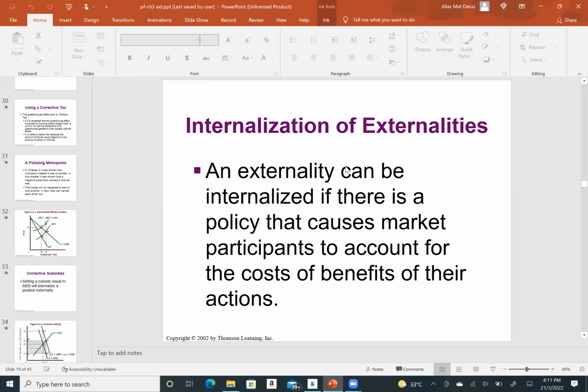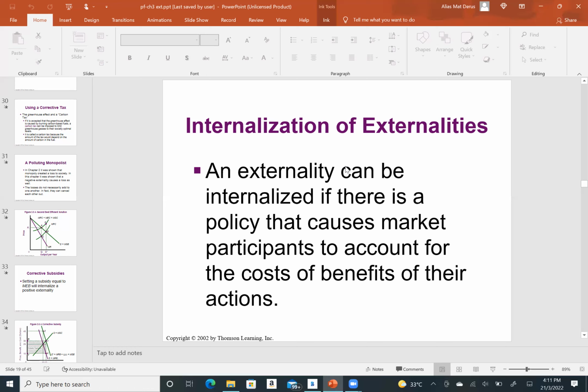Generator means the producer of the externality. It can be positive, it can be negative.